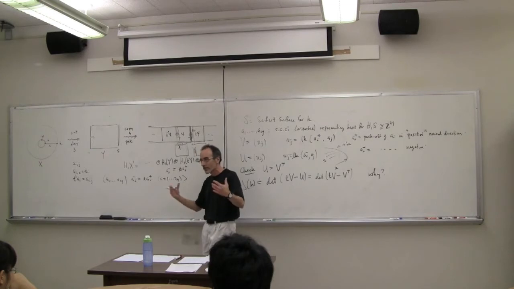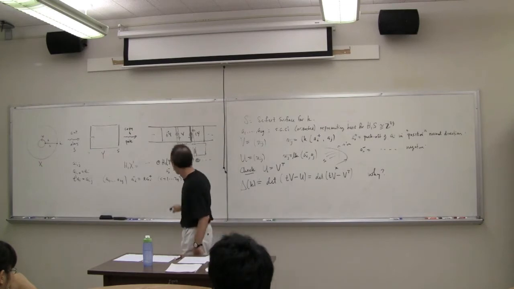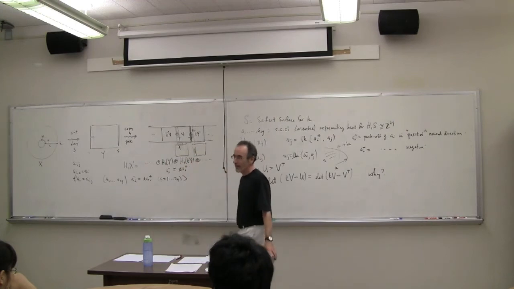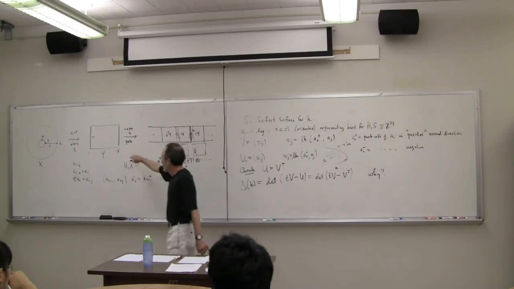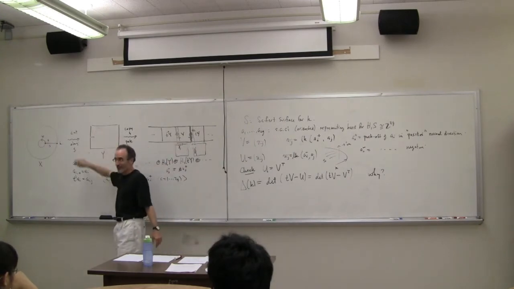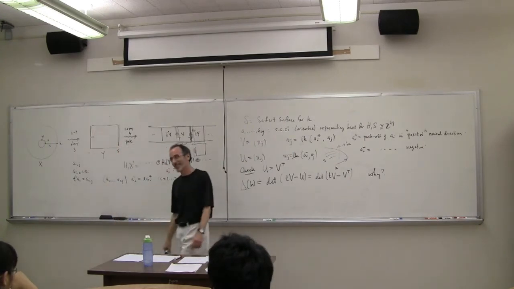I'm just objecting to the letter A1 in your presentation, because A1's going to be traded away for something that really corresponds to a nice basis for H1 of Y. I'm going to do that.